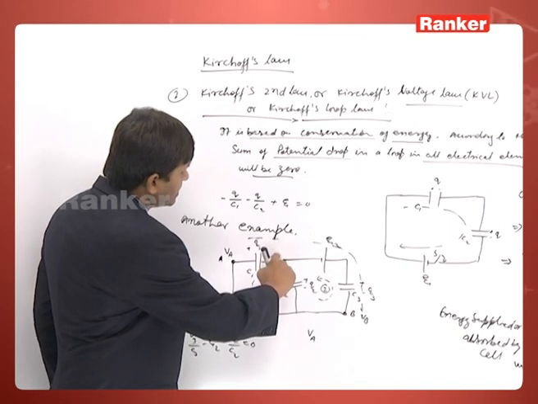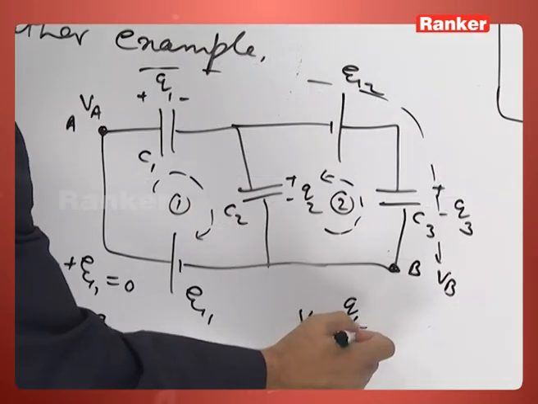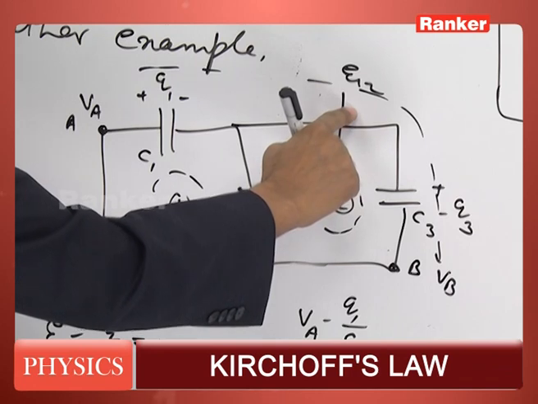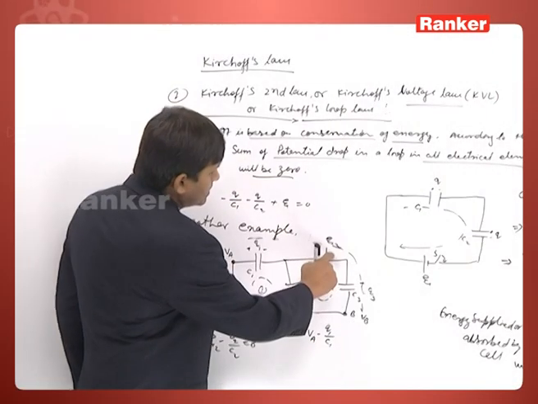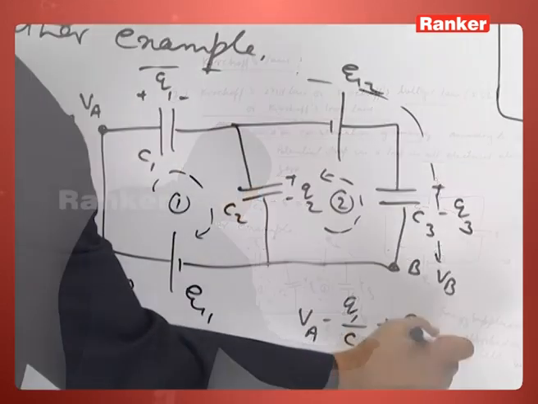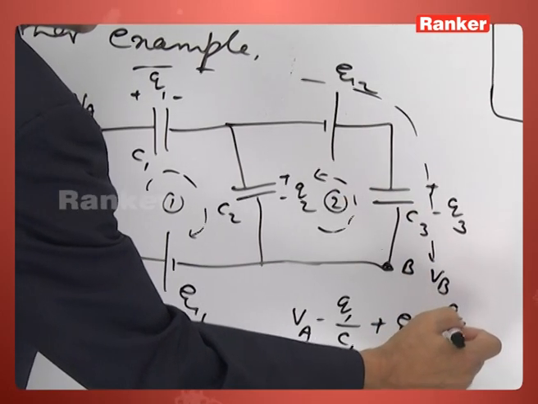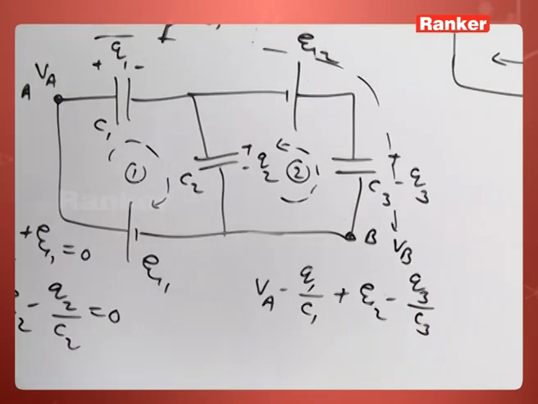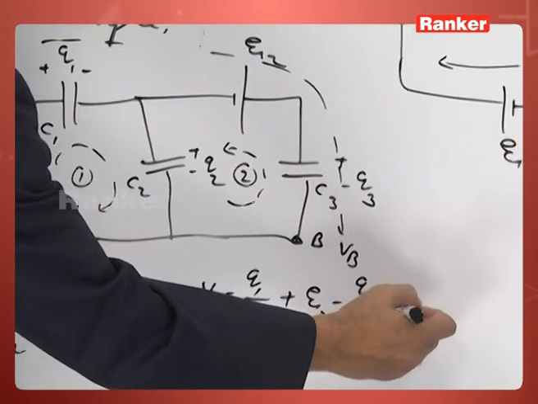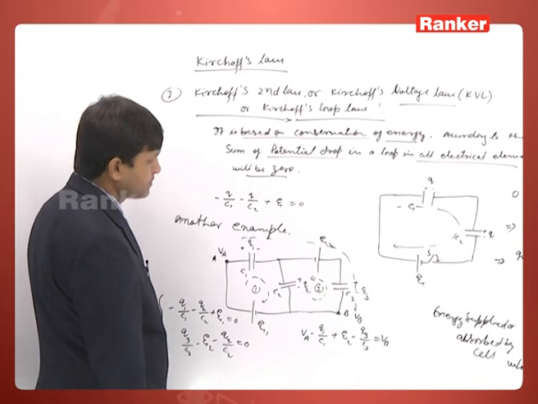We are leaving with a negatively charged plate, so minus Q1 by C1, then we leave from the positive or higher potential terminal of a cell, plus E2, then we leave with a negatively charged plate, minus Q3 by C3. When we reach B, either you can write it equal to VB, or minus VB is equal to 0. This is one way.